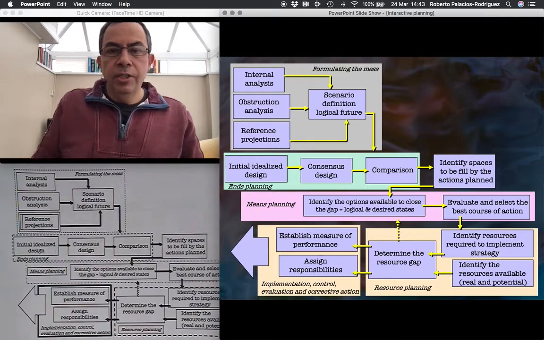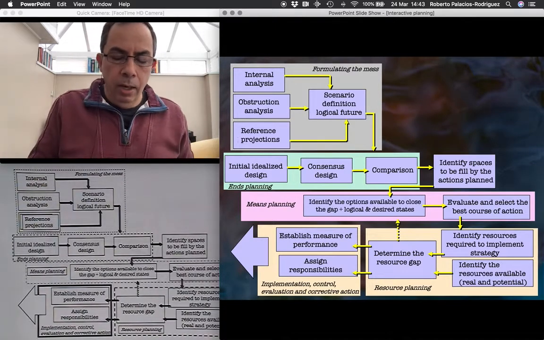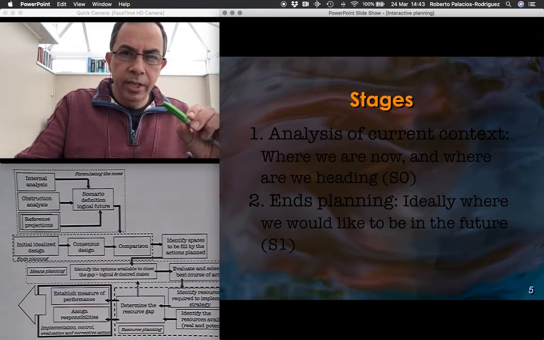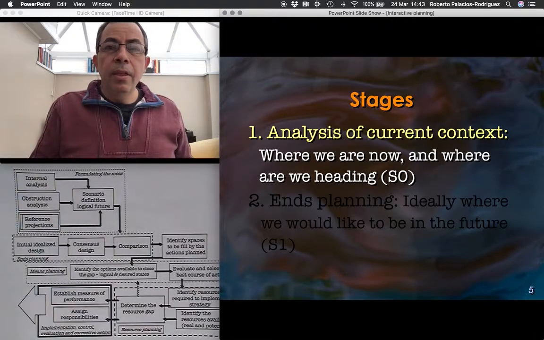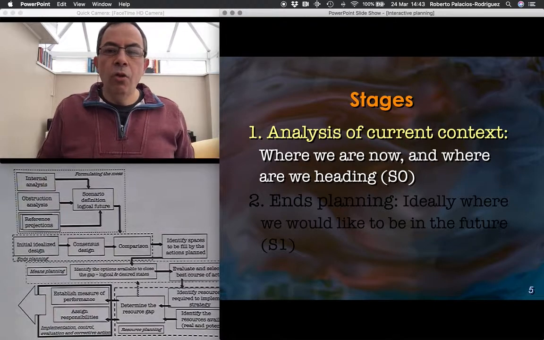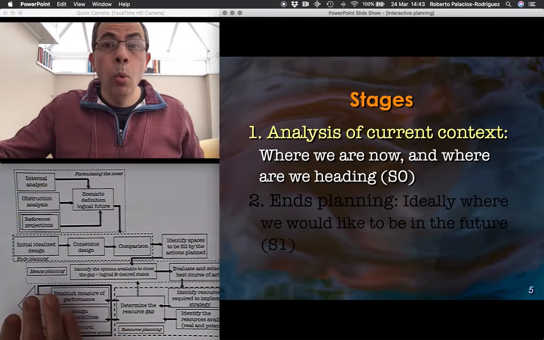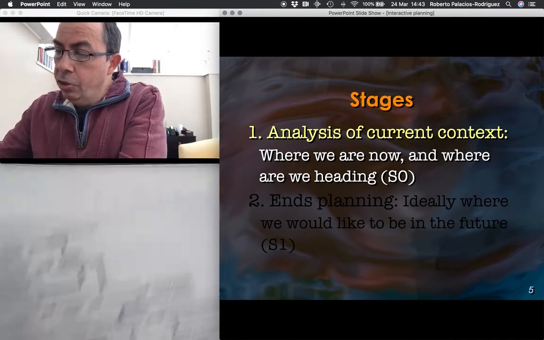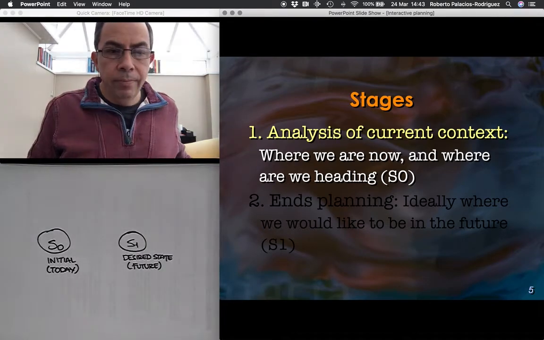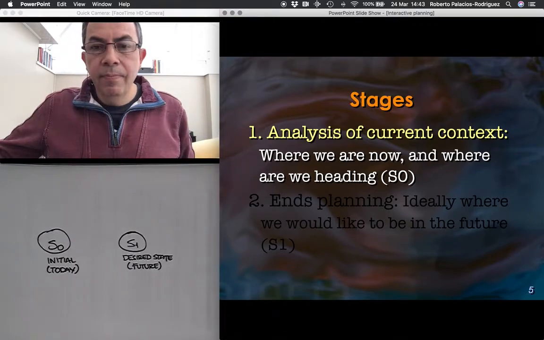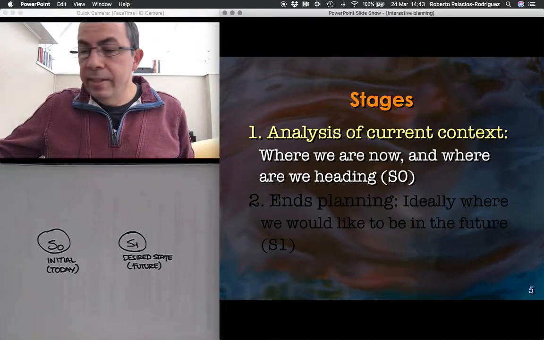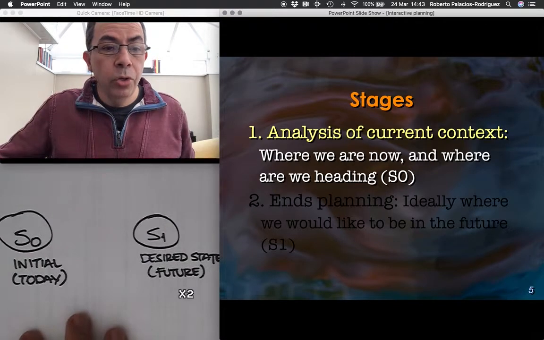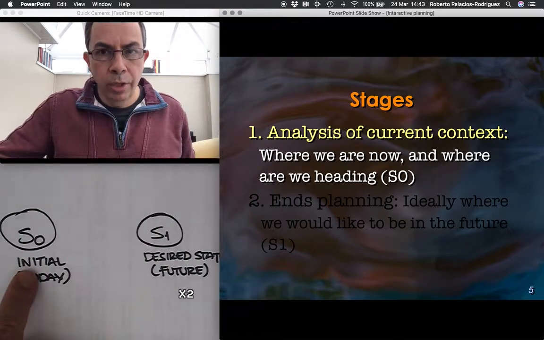All those stages form part of the methodology. Let me go through each one of them and then I'll go into detail. The first one is analysis of the current context. That is where we are at the moment. If you want, let me show you this graph. The initial context, or the current context, is this initial condition we're in, where we are today.